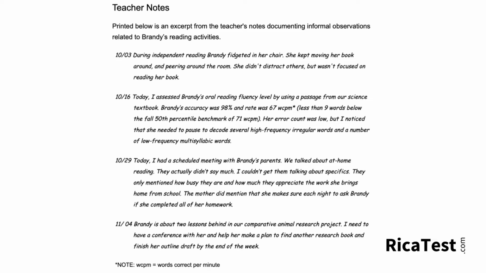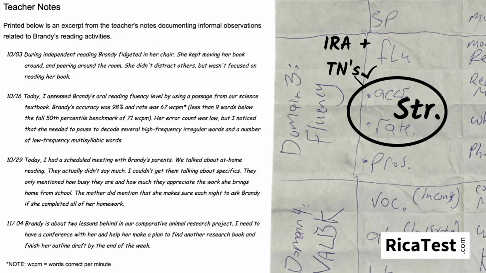And again, as I assumed, the fluency was pretty solid from the IRA. It looks like it is, so I should jot that down. So both the IRA and the teacher's notes showed accuracy and rate are strengths of Brandy's. So just make a note here because I'm going to want to provide the evidence of my opinion in my written response when I get to it.